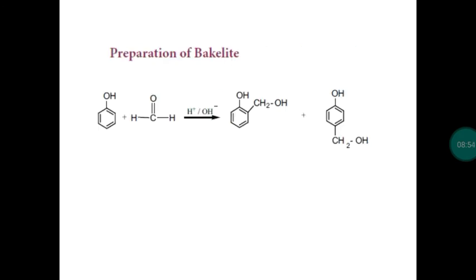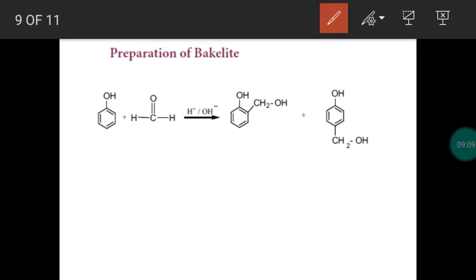Next one, important condensation polymer. This is called a cross-linked polymer. Bakelite. Bakelite is a cross-linked polymer. For this preparation, we need the monomers phenol and formaldehyde.